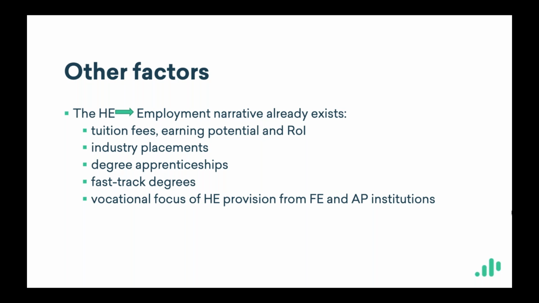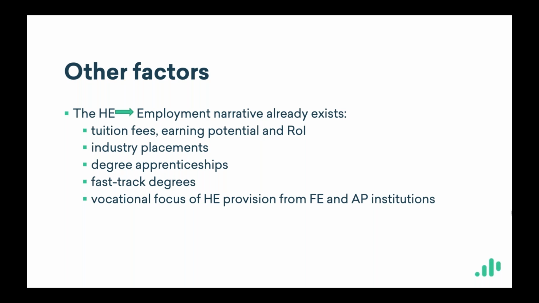Fast track degrees, the same with two-year degrees as they come on track, and of course it's early days with that at the moment. But again, institutions will be having conversations with their markets, talking about the advantages of doing a fast track degree, and I would be very surprised if those advantages didn't link to getting into the job market and employability outcomes.